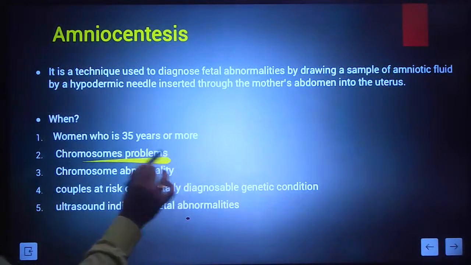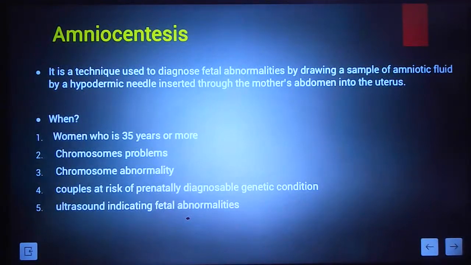What is it done for? Chromosomal problems. If a chromosomal problem or abnormality or any deformity is identified, as I told you, through karyotyping and the ideogram we can find out the problems.